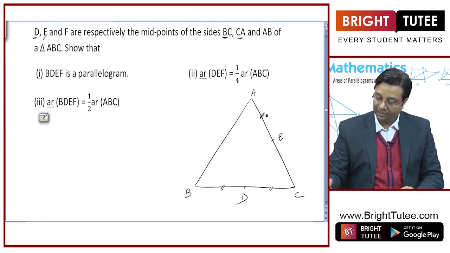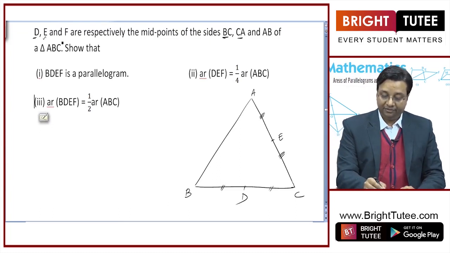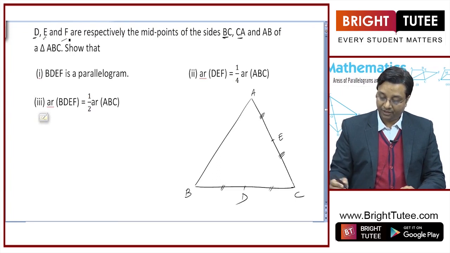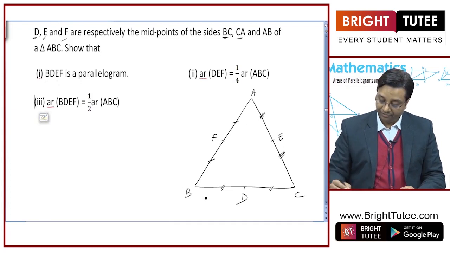Let me mark it by 3 lines here. And F is the midpoint of AB, so let us say this is F, right? Now show that BDEF is a parallelogram. BDEF, let me join these.